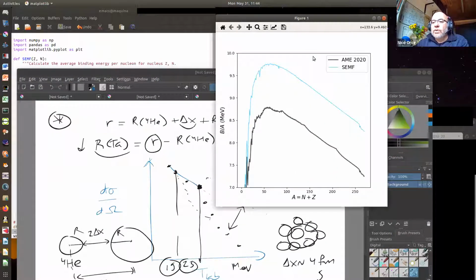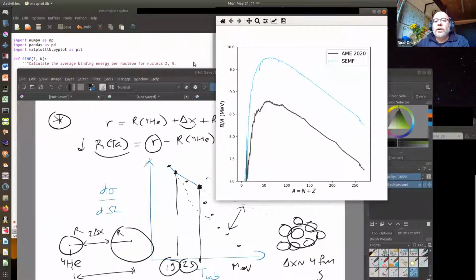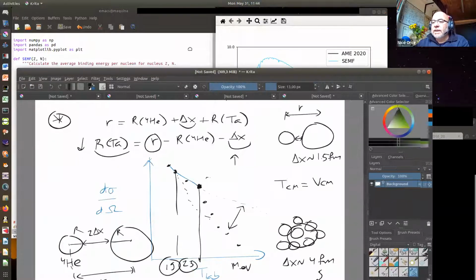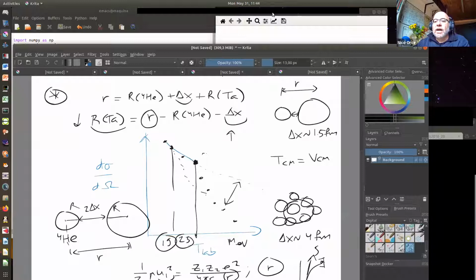I want to explain this little Python script and the semi-empirical mass formula on Wednesday. We're going to do some calculations for you to keep playing and investigate.